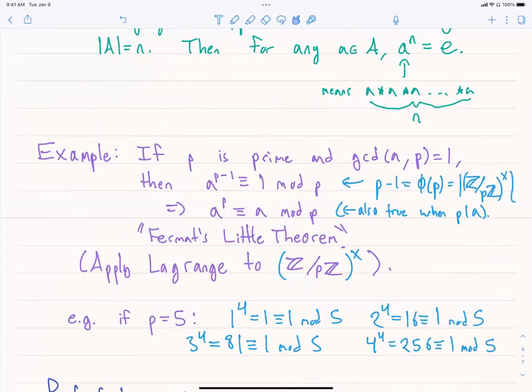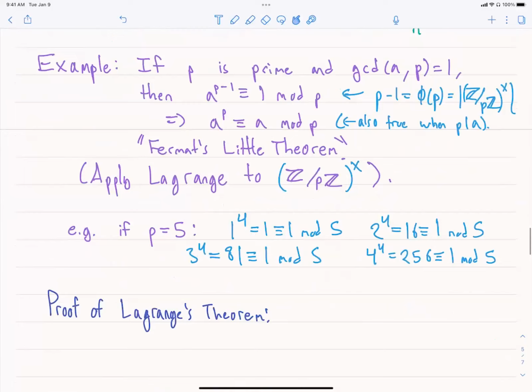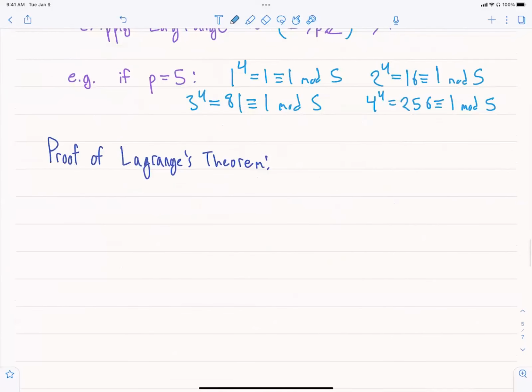Okay, so how do you prove Lagrange's theorem? I'll just sketch that proof. Let me take a in A, and we call the order of A equal to n.